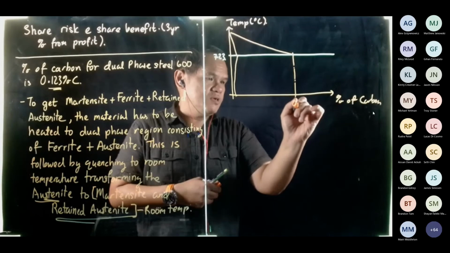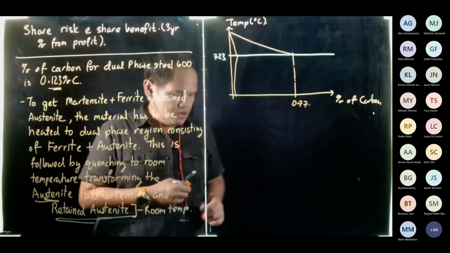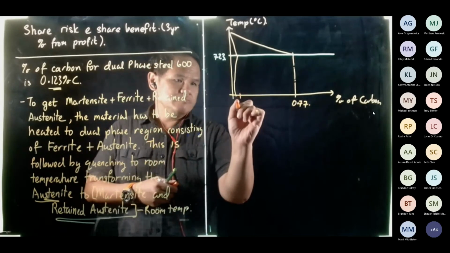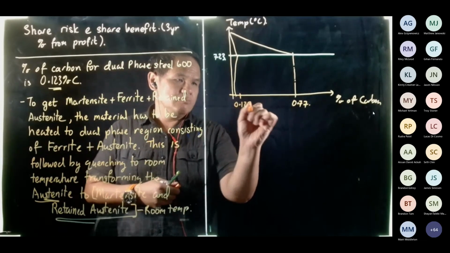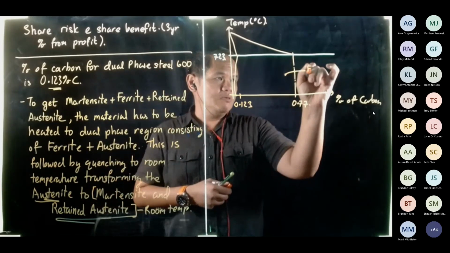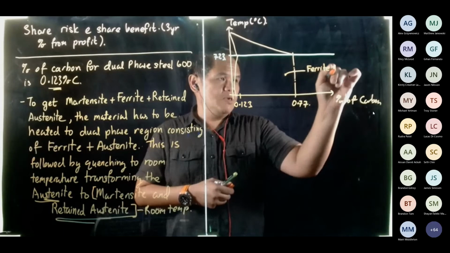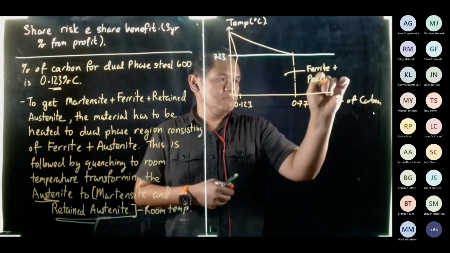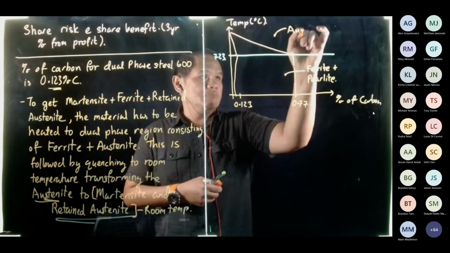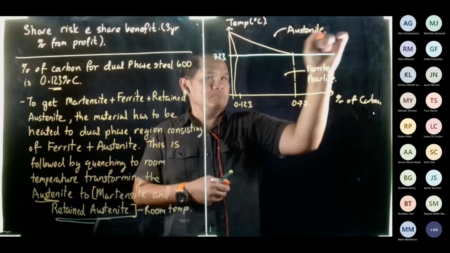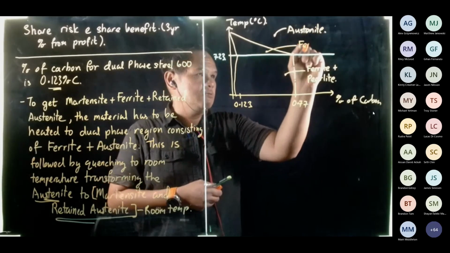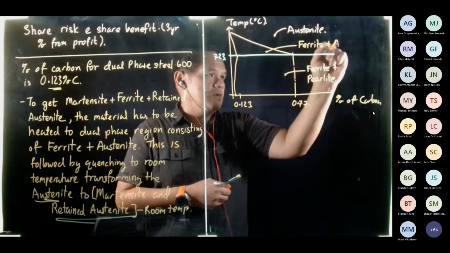I'm going to stop at 0.77. So the steel composition is 0.123, so it's somewhere around here. As we know, this is your ferrite plus pearlite. Over here is your austenite. Then over here is your ferrite plus austenite.